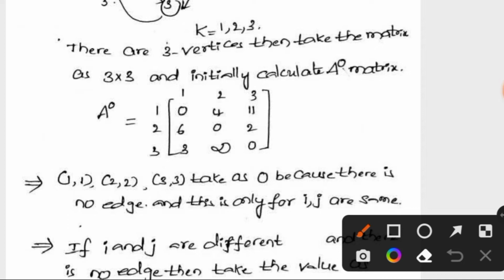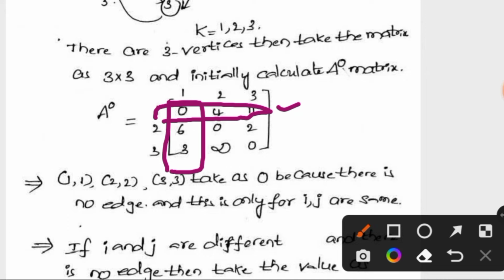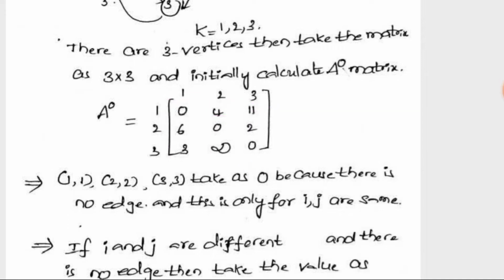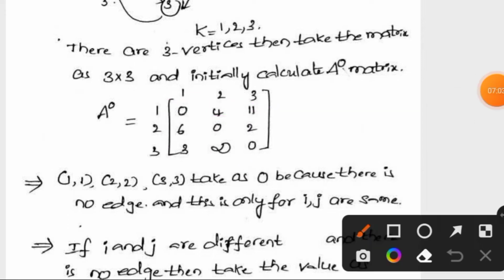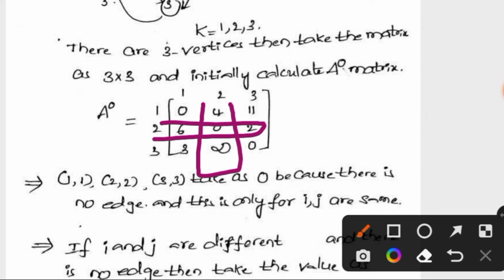In A power 0, the first row and first column values should be the same in A power 1. For example, if you calculate A power 2, then k is 2, so the second row and second column values should be the same, right?